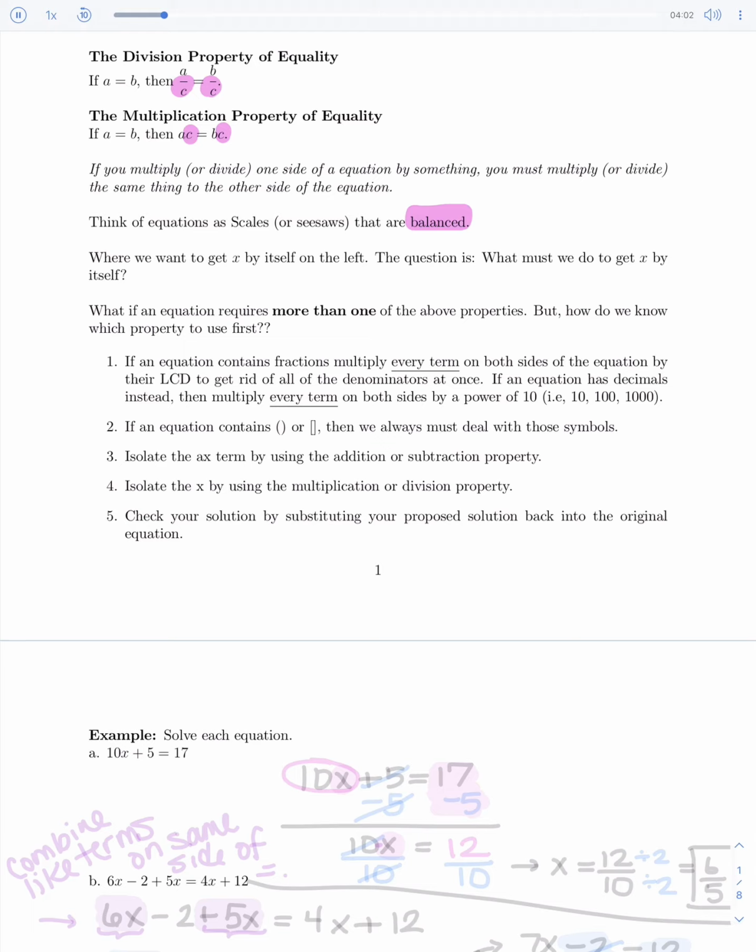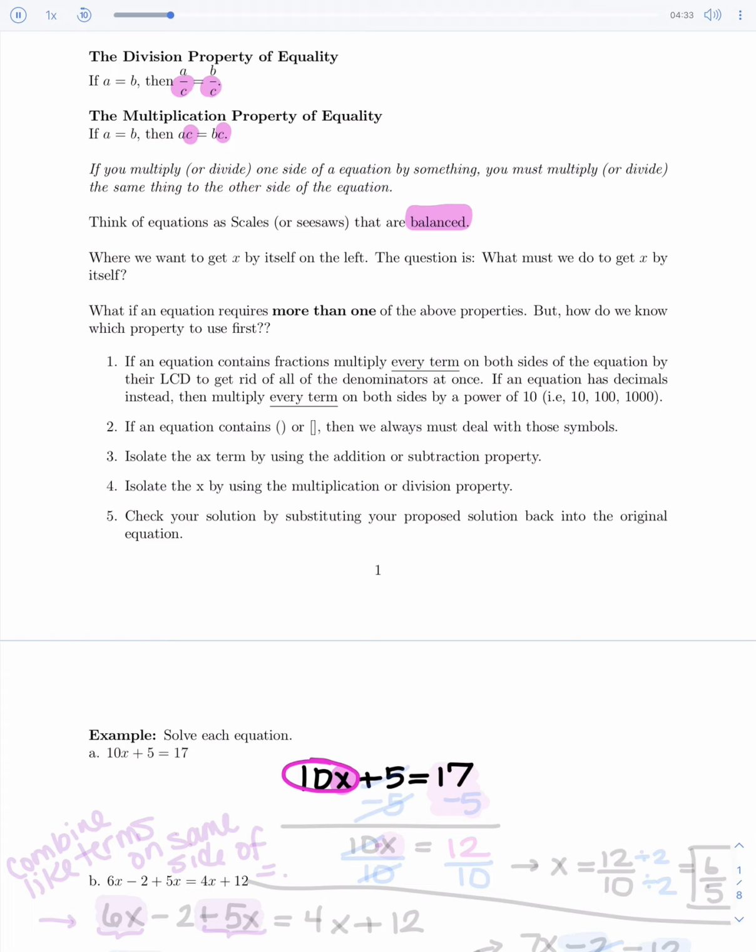Our first example, A, has us looking at the equation 10x plus 5 equals 17. So the first thing is we're trying to solve this equation for x, and we want to get x by itself. Before we can even get into that x term, that 10x, I have to get rid of that 5 that's off by itself.